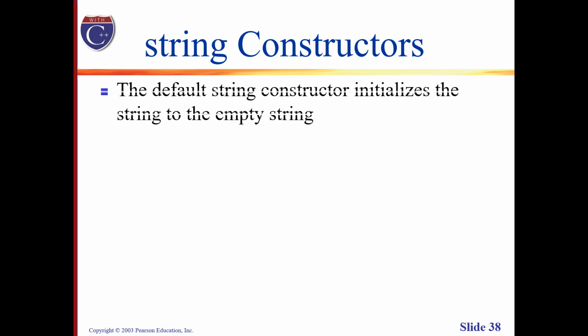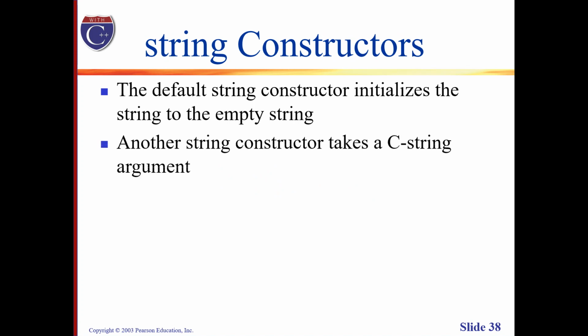How about string constructors? First, let's recall the topic constructors. During our lesson about functions, we were already introduced to the concept of constructors. Thus, we will be referring to the same concept for this topic. The default string constructor initializes the string to the empty string.